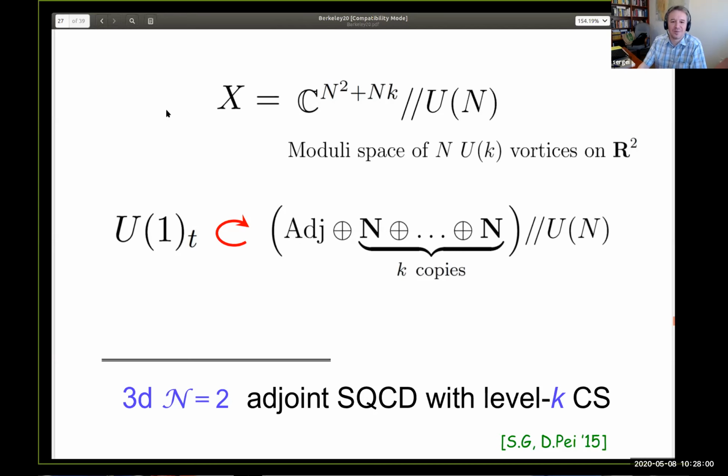So it's a concrete space, and it also comes as a space of solutions to some PDEs, namely it's called vortex moduli space. And you can ask what kind of TQFT or what kind of modular tensor category you get in this setting.